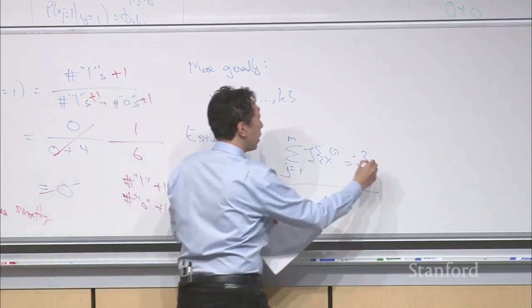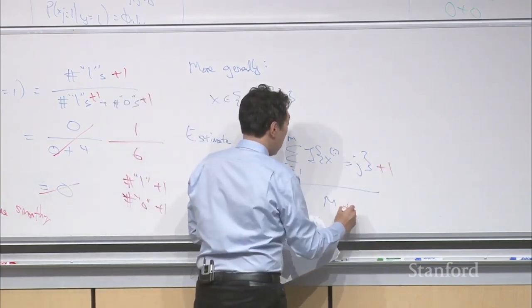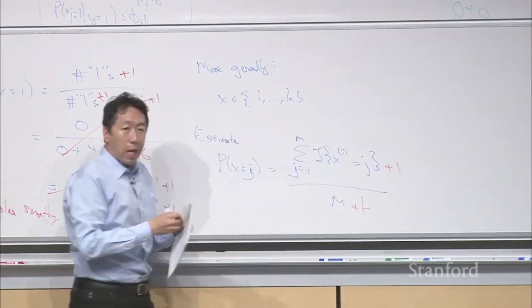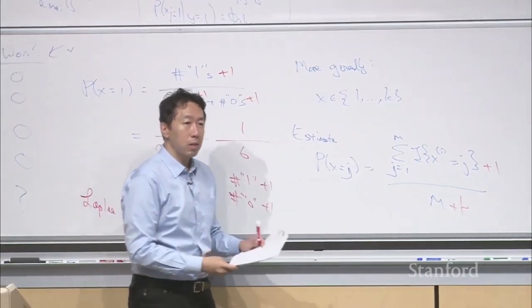And for Laplace smoothing, you'd add 1 to the numerator and add k to the denominator. Okay?